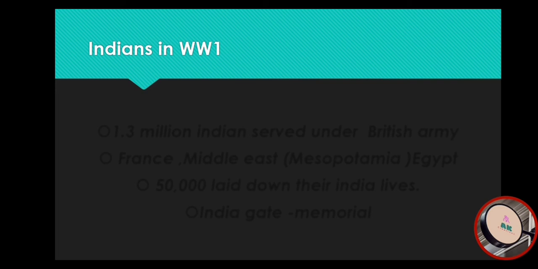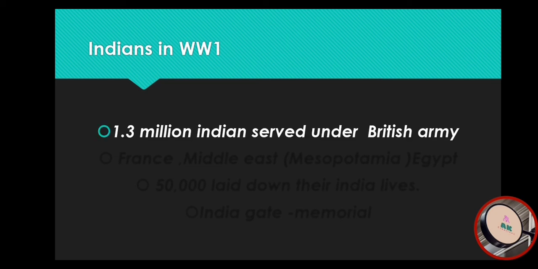You got the point. Those were the results of the war, and now the effects on India. What effect did it have on India? 1.3 million Indians served in the British Army. Obviously, during that time the British were in control of India, so Indians had to follow the British rules and regulations.